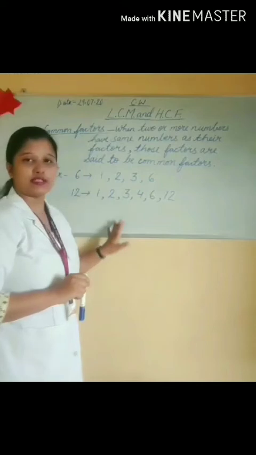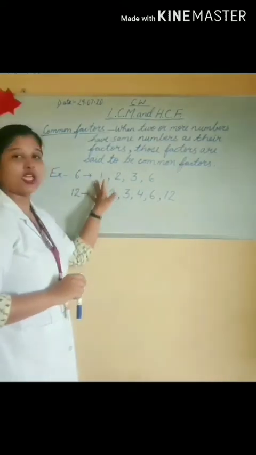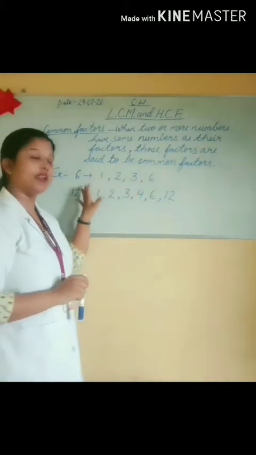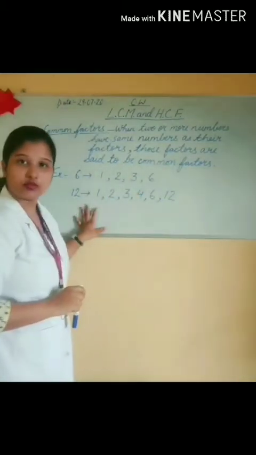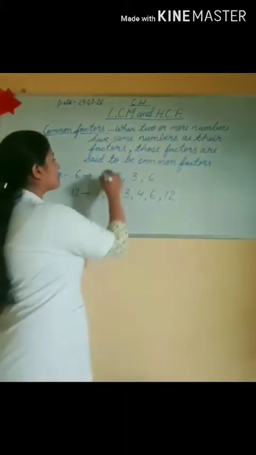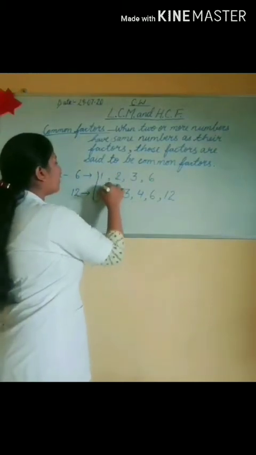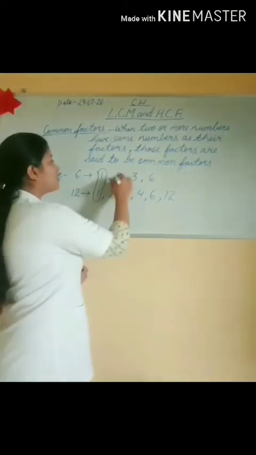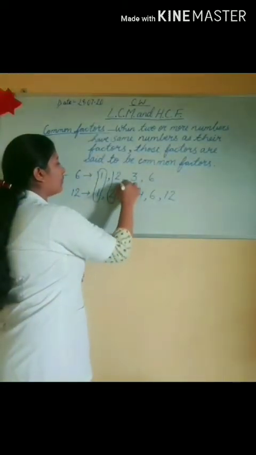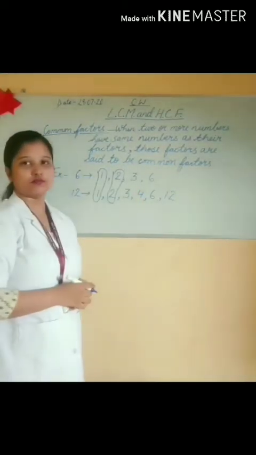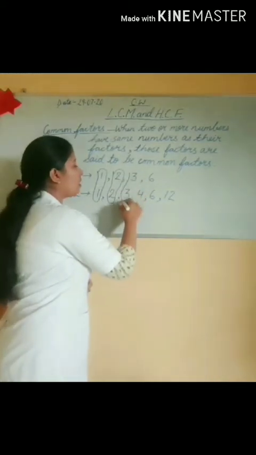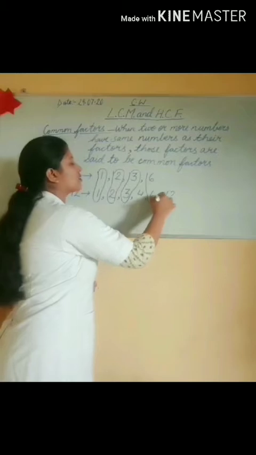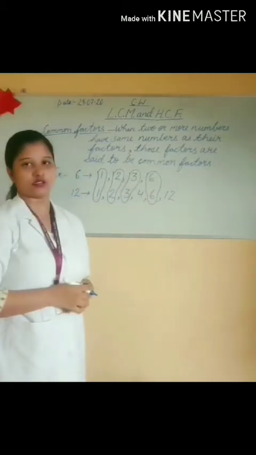Now after writing the factors, you have to see which factors are common in both the numbers. You can see 1 is common in both the cases. 2 is also common in both the cases. 3 is also common, and 6 is also common in both the cases.